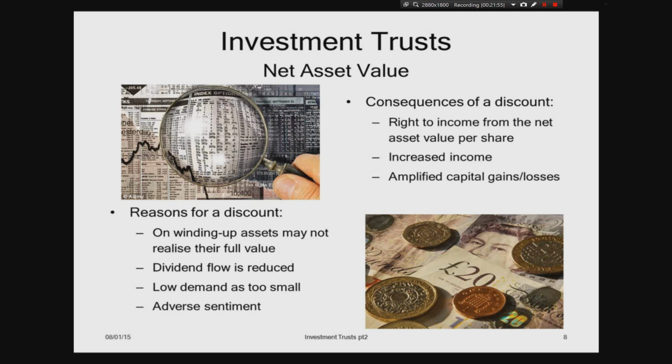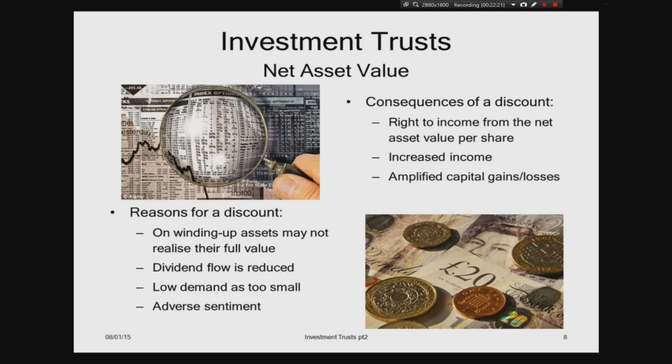The following apply to investment trusts trading at a discount. Let us say an investor buys shares in an investment trust that are trading at a discount. The net asset value per share is £2 and the market price is £1.80. There are two consequences that follow from this. Increased income.